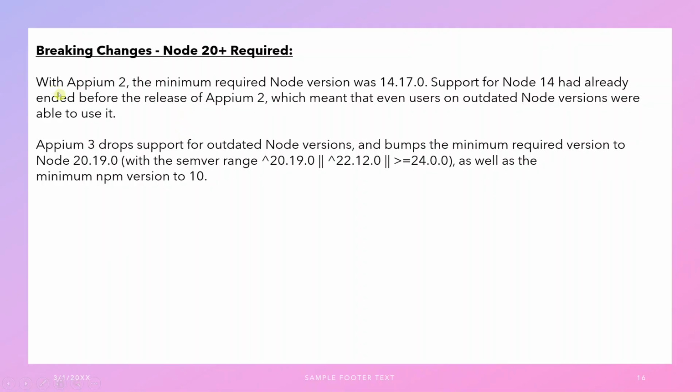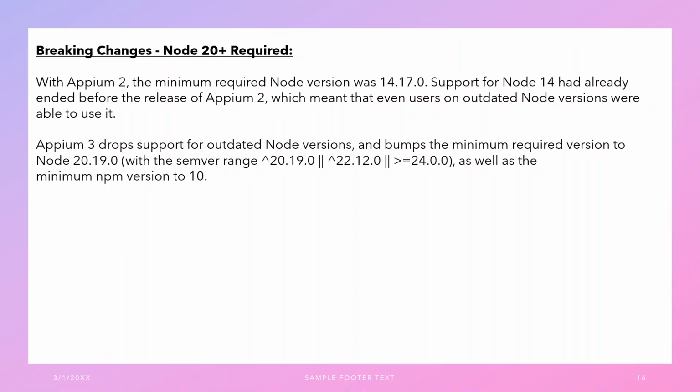It says with Appium 2 the minimum required Node version was 14.17.0. As you know, the support for Node 14 had already ended before the release of Appium 2, which meant that even users with outdated Node versions were able to use it. That is for Appium 2.